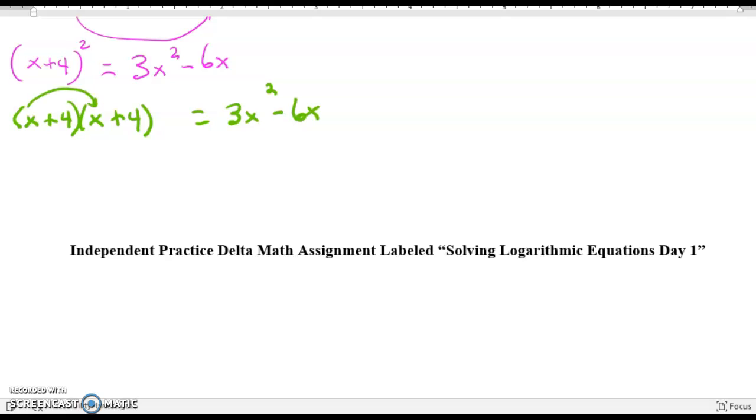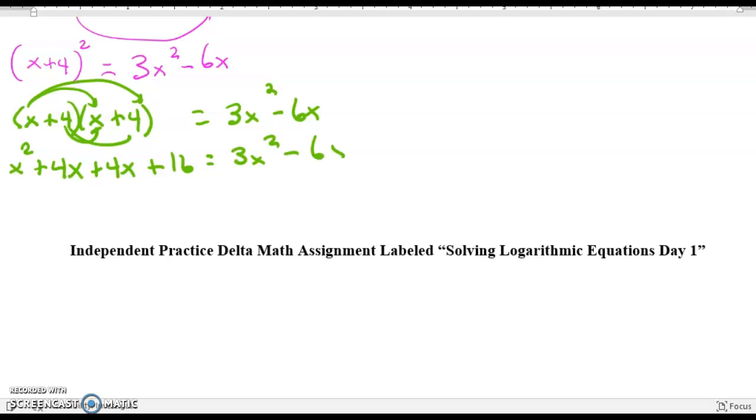Let's FOIL. X times x is x squared plus 4x plus 4x plus 16 equals 3x squared minus 6x. On the left side, we get x squared plus 8x plus 16 equals 3x squared minus 6x.